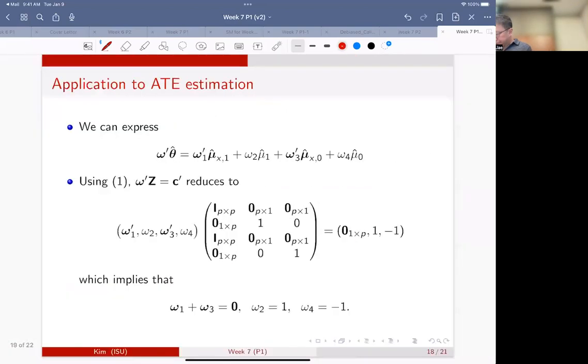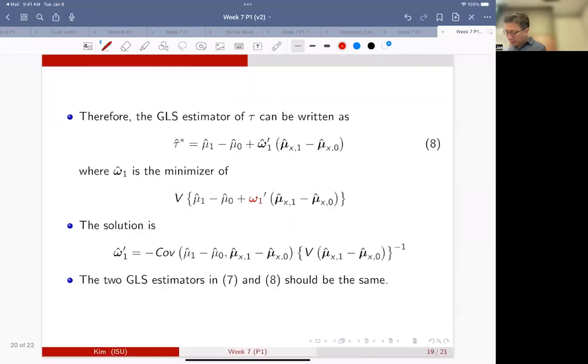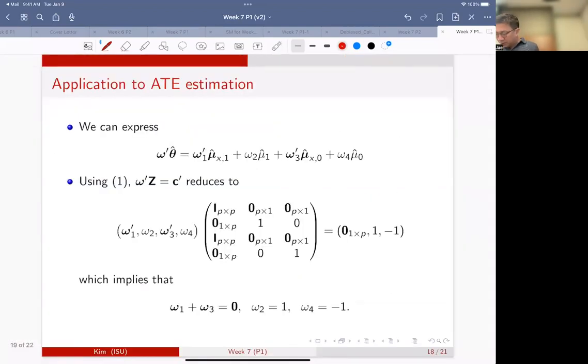Okay. And then in the AT estimation, this constraint can be expressed because this is a C, right? Because we are interested in tau. Tau is mu1 minus mu0.